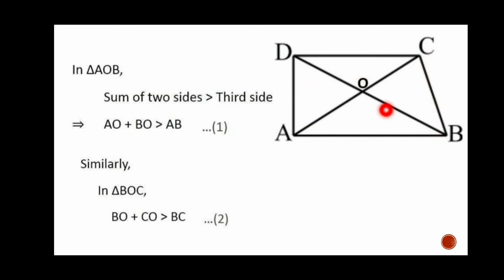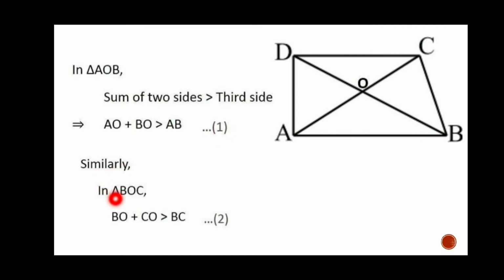In all these four equations, we will keep our side of the quadrilateral as the third side. So you can see from here, AO plus BO, these two sides, when we add them, their sum will be greater than AB. So this is equation 1.